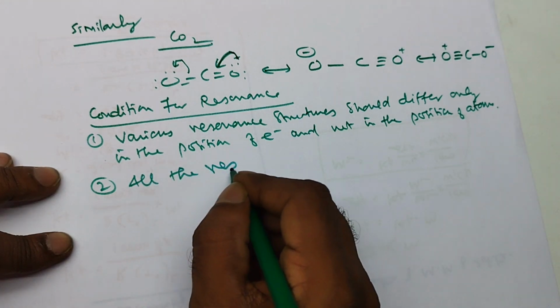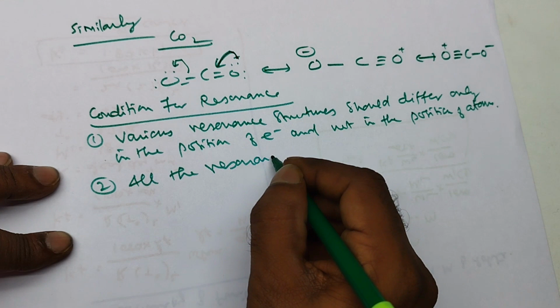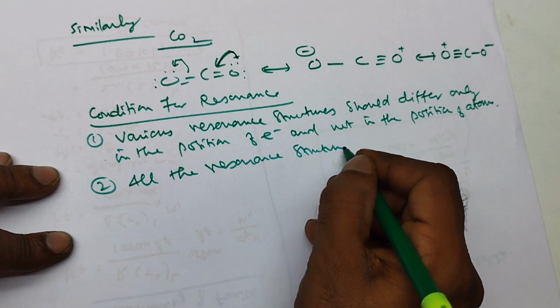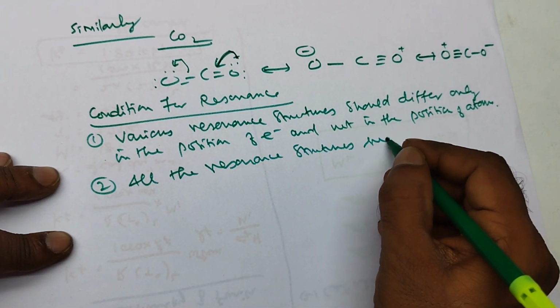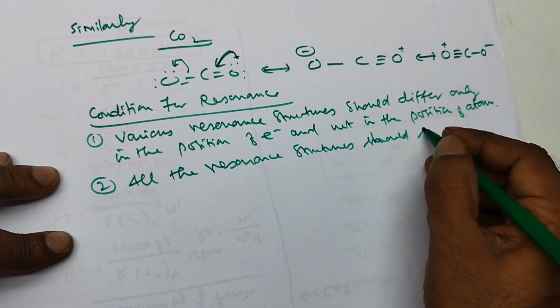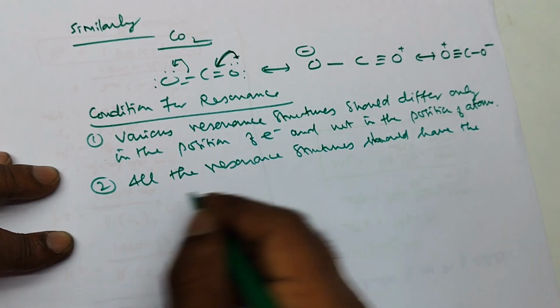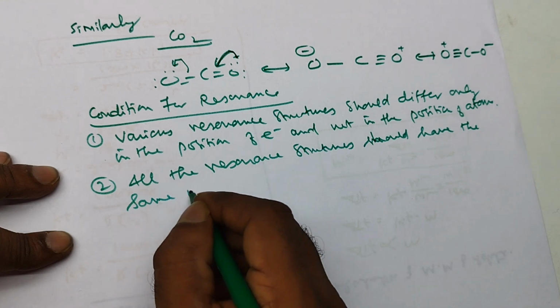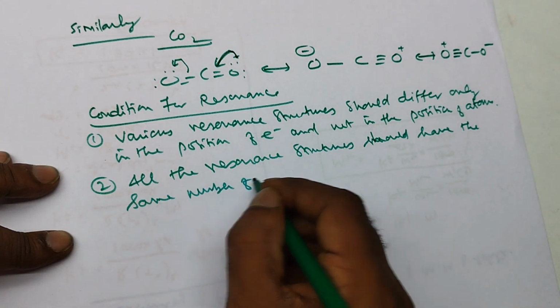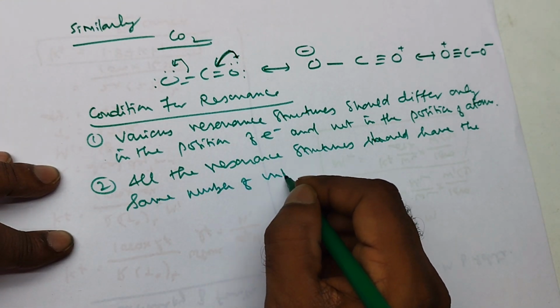All the resonance structures should have the same number of unpaired electrons.